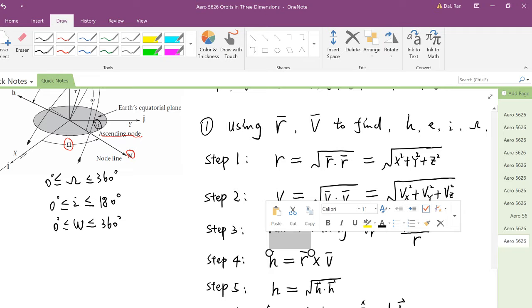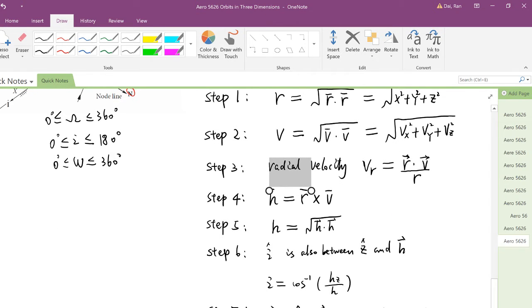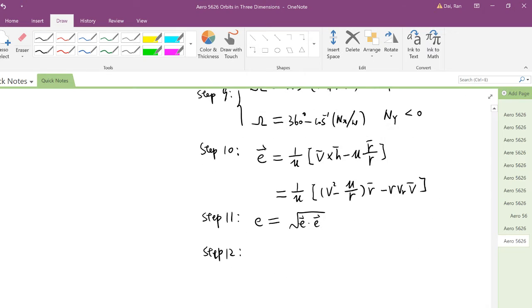It is in the range of 0 and 360 degrees. So we need to identify which quadrant they belong to. So the argument of perigee is defined by the ascending node and the eccentricity vector, divided by n times the E magnitude.